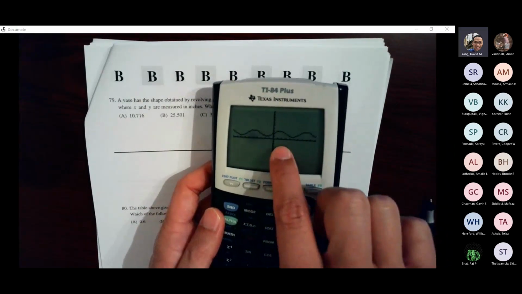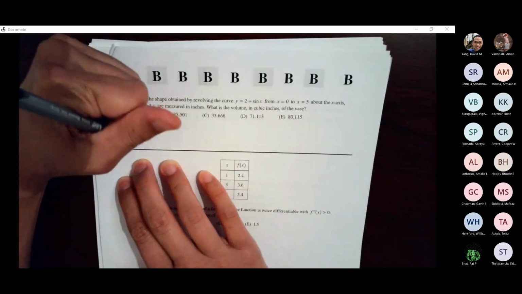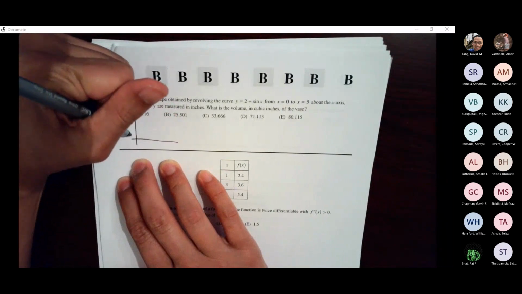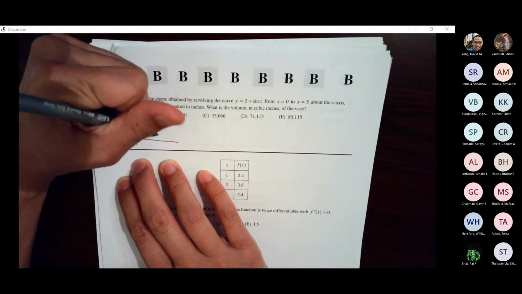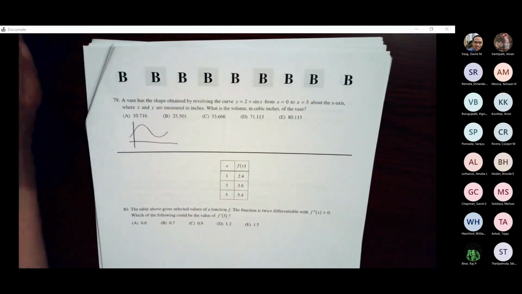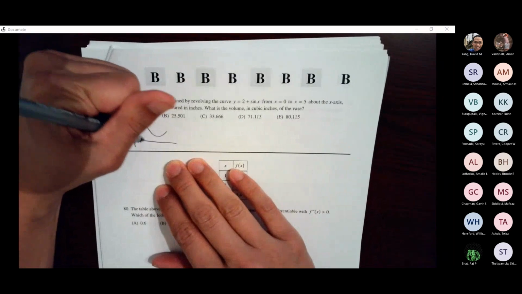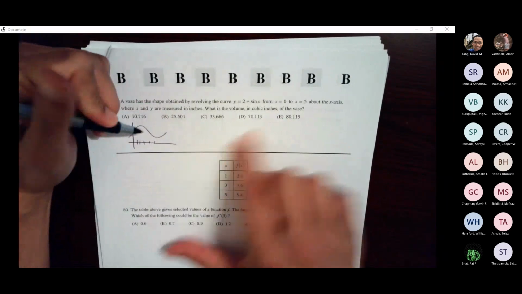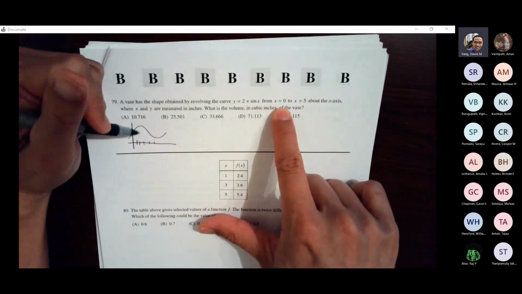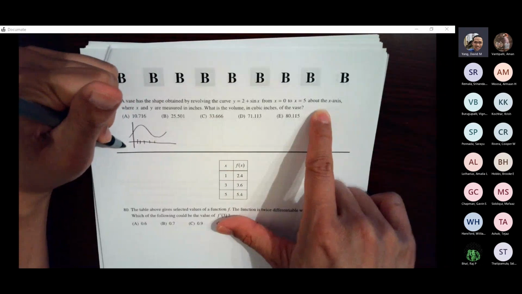So from 0 to 5, it's going to kind of take on that shape there. Between that and x equals 0 and 5, and also about the x-axis.